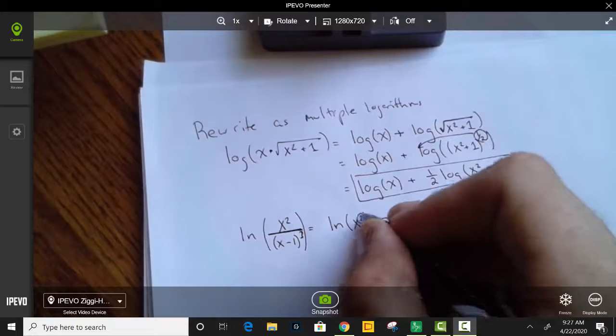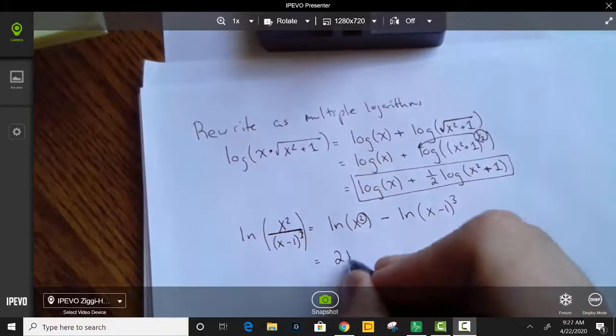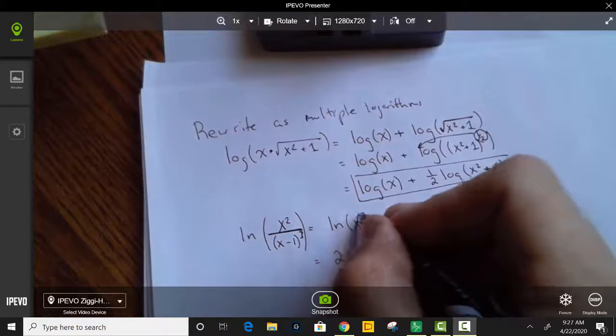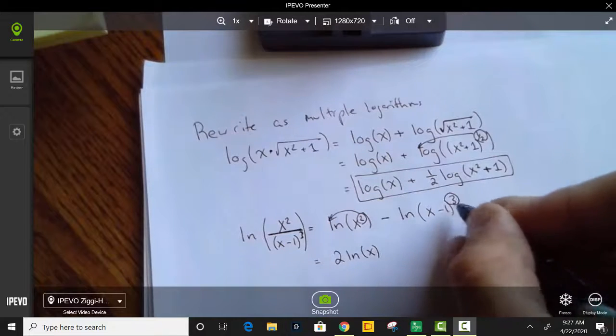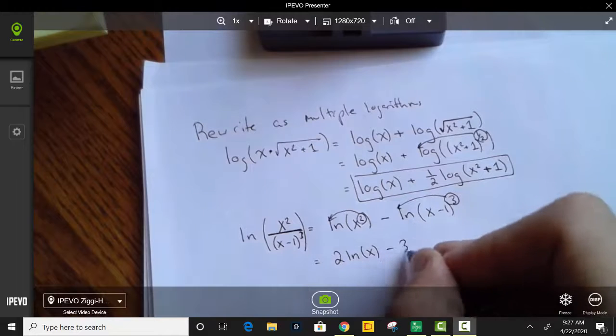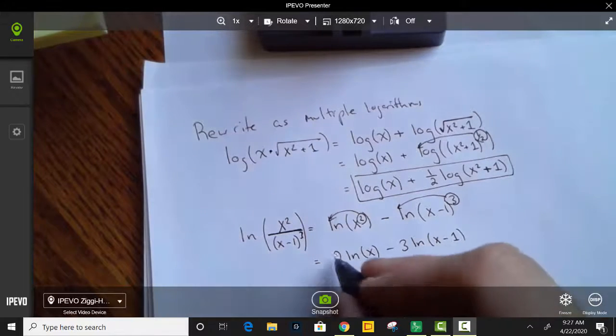And then once again, since we have a power attached to the x squared, we can bring that power to the front of the logarithm, and it becomes 2 natural log of x. And since this cube is attached to all of this x minus 1, it can also get brought to the front and becomes 3 natural log of x minus 1.